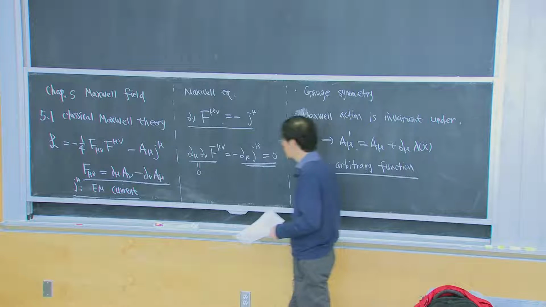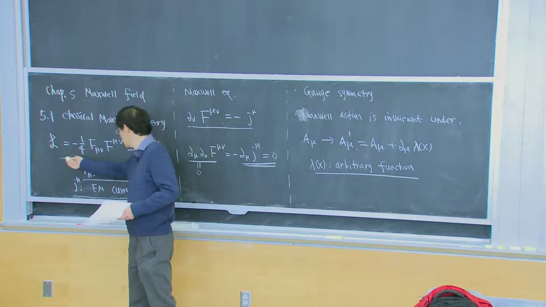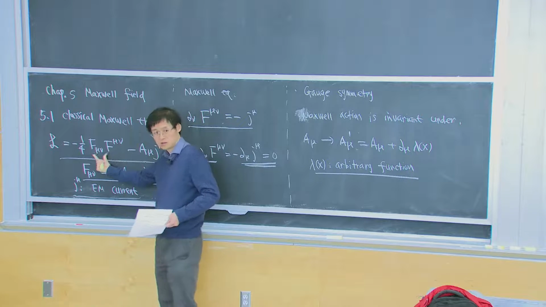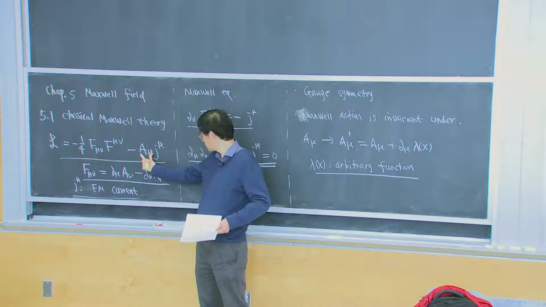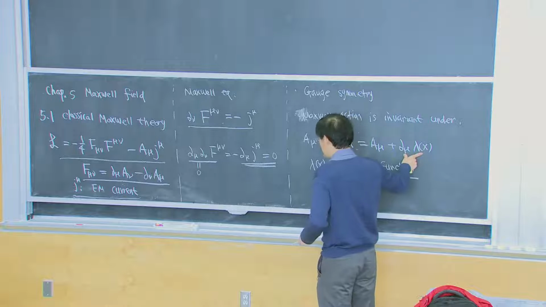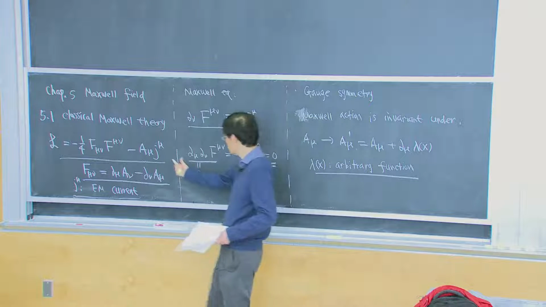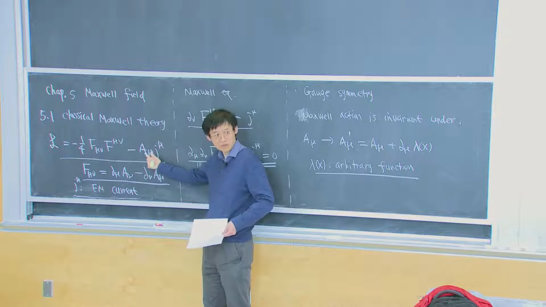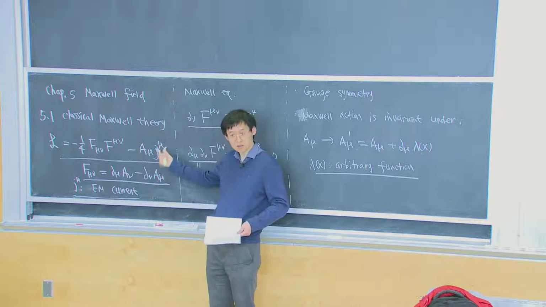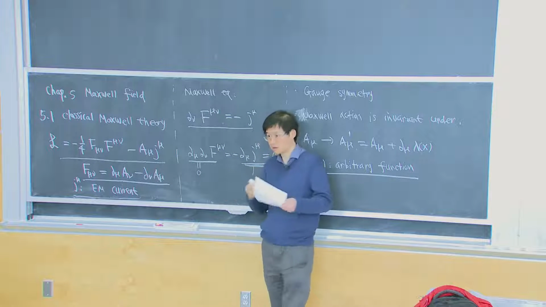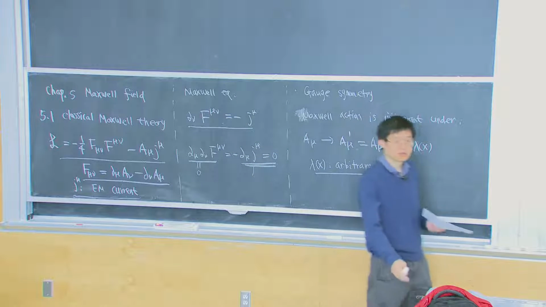The action is also invariant: naively the coupling term changes, because you get an additional term partial mu lambda times J mu. But you can integrate by parts, and because J mu is conserved, the action is invariant.